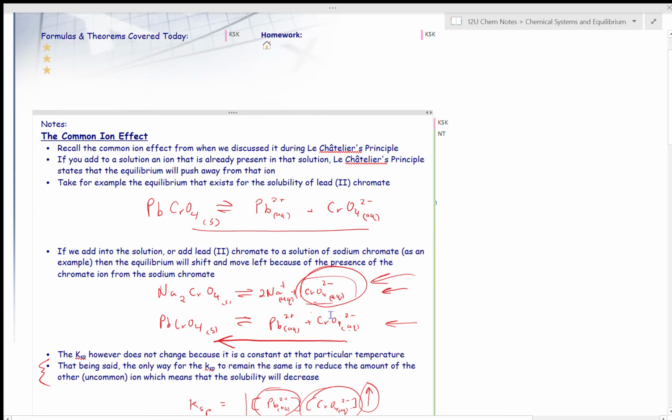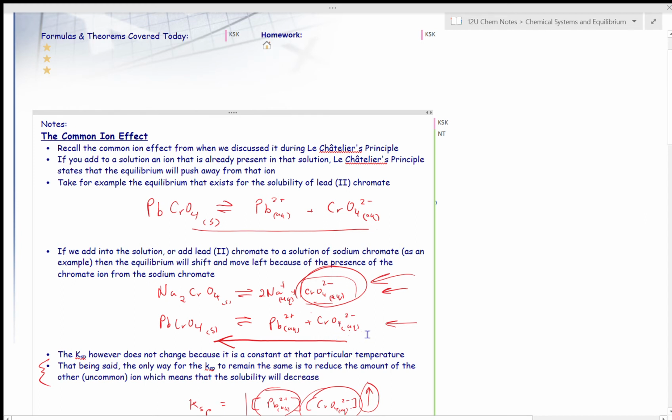So think about that. If I were to take some sodium chromate and dump it into a solution that already contains lead chromate, what's happening is the sodium ion is just floating around in solution. It's not doing anything, but you'll notice that there's a common ion between the two of them. They both contain chromate ions. And so if I add chromate ions into solution, it's as if I'm adding a product.